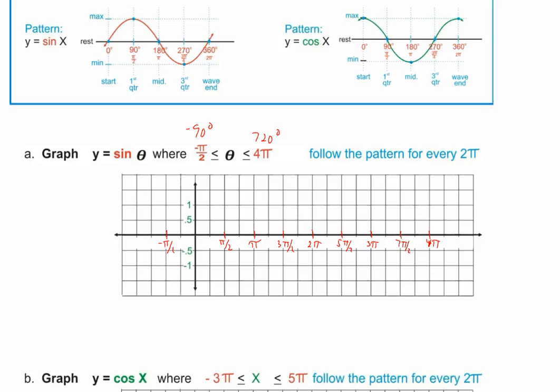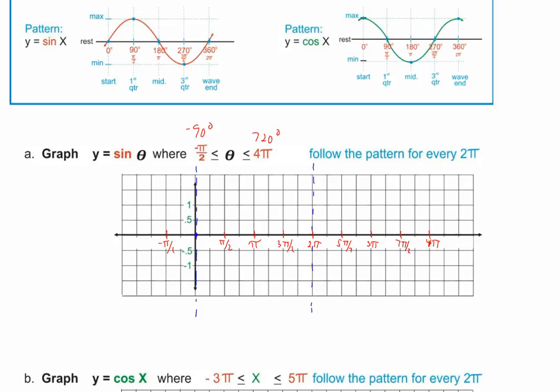So I'm just going to take my blue, and I'm going to run a vertical dotted line at 0, and I'm going to run a vertical dotted line at 2 pi. Why did I do that? Because the pattern runs from 0 to 2 pi, from 0 to 360. And now I'm going to take my red, and I'm just going to do the sine in that 0 to 360. So again, what are the key points? At 0 degrees, the sine is 0.